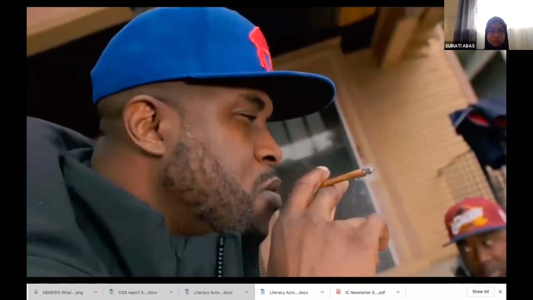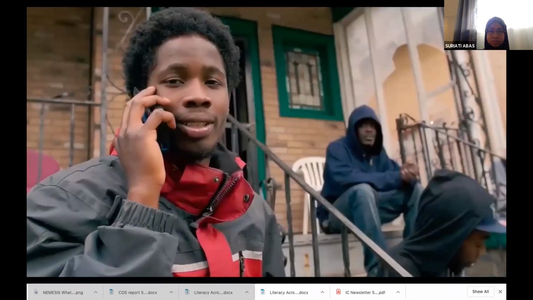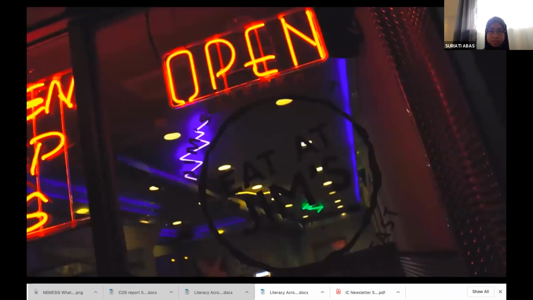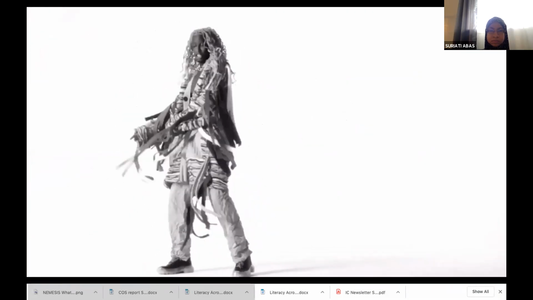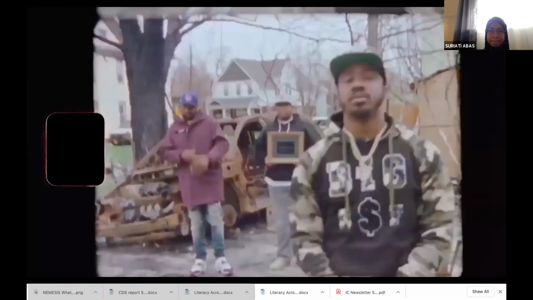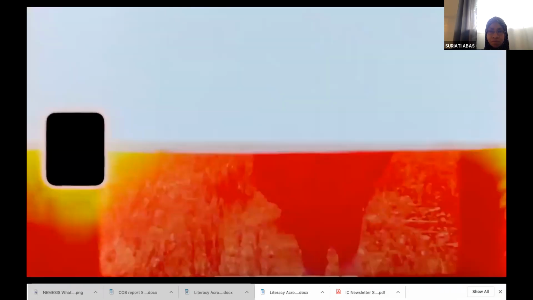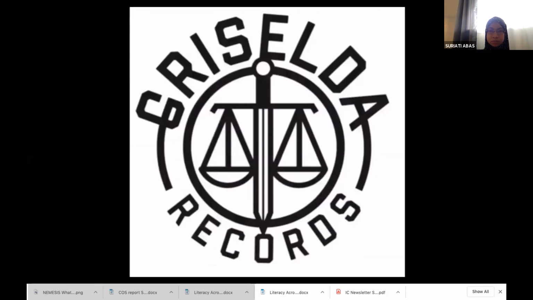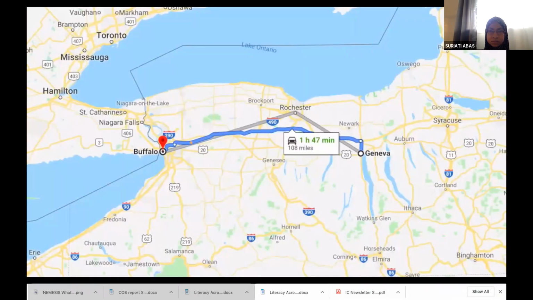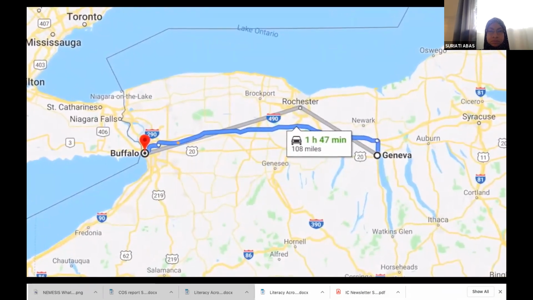Not only that, it was created out of the voices of underrepresented youth, and there is much to be learned from the art form. Hip-hop is known as a genre for its use of storytelling, though some may argue that contemporary hip-hop has diverged from this for a more hyped-up, party-driven sound. However, recently in the hip-hop community, there's been an insurgence of storytelling and authentic vibes through the highly underappreciated Buffalo group, Griselda Records. Seeing that Buffalo is only an hour and a half away from Geneva, I feel it is fitting to discuss their work.